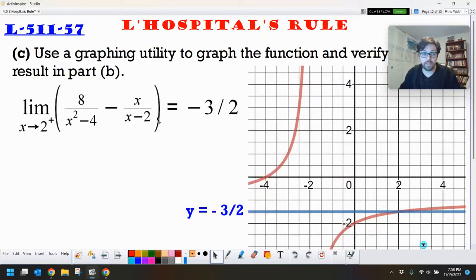Writing my answer nicely here, negative 3 halves equals that limit. We can also check this on the graph. So I graph the line y equals negative 3 halves, and here is our graph. You can see as we come in from the right, as we approach 2, we're heading towards this value of negative 3 halves. Huzzah!